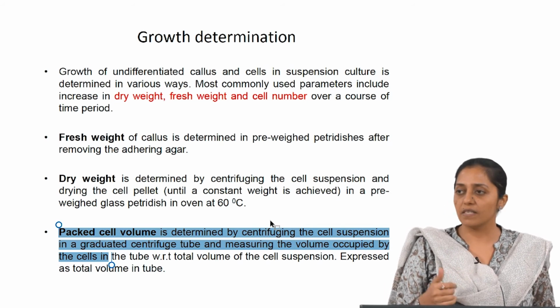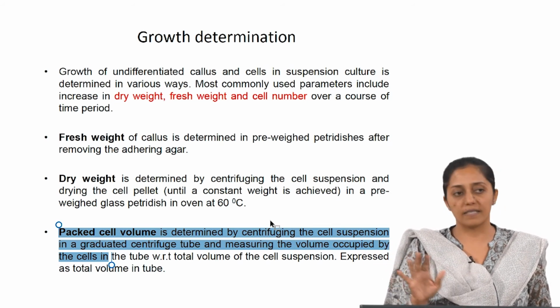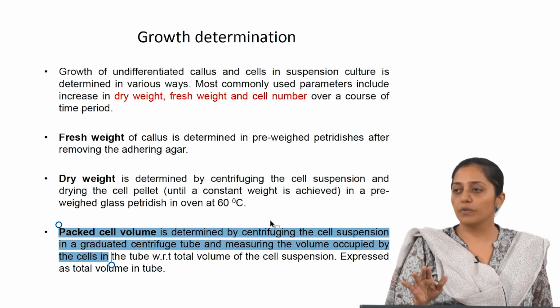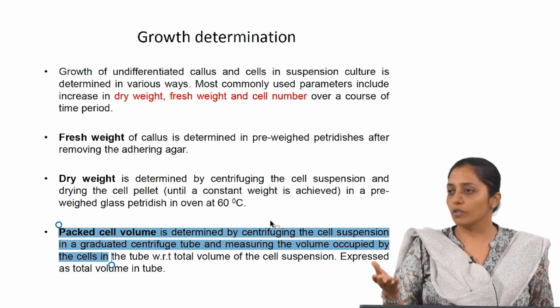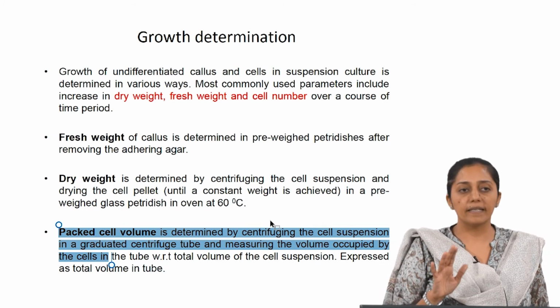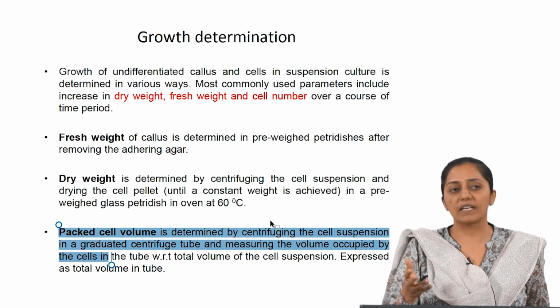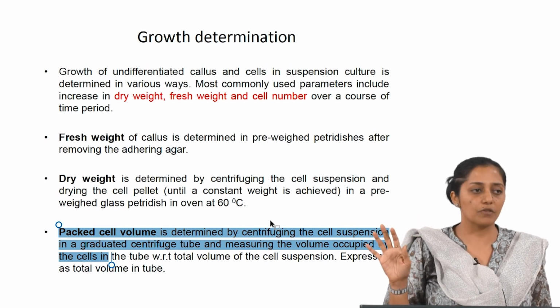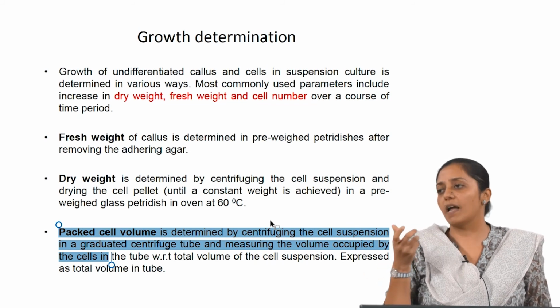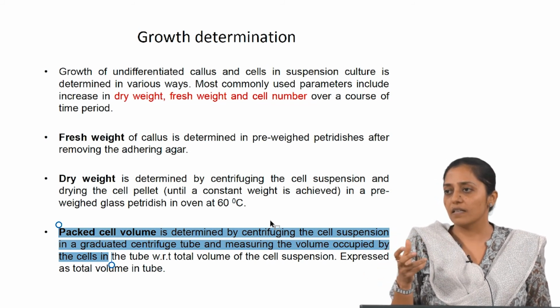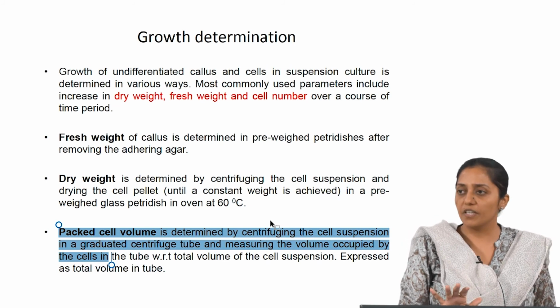There are different ways. One is simple dry cell weight estimation, in which you dry the plant biomass or the callus or tissue biomass in an oven at 60 degrees C, and let it dry until constant weight is achieved. So, that is simple, you calculate the biomass concentration. The second is packed cell volume, because plant cells are large in size, this works appreciably well.